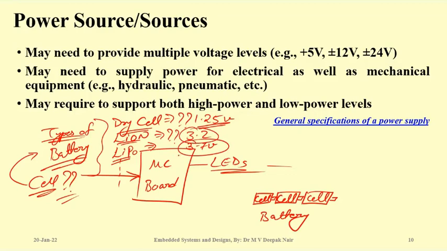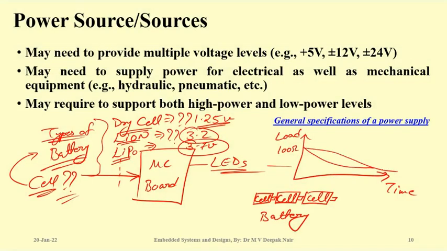Secondly, how much time they take to charge, how much time they take to discharge, what is the behavior of discharging over time. And here you have a load. If you are connecting only 100 ohms to these batteries, you will find that some of the batteries discharge like this, some of them discharge like this, some like this.